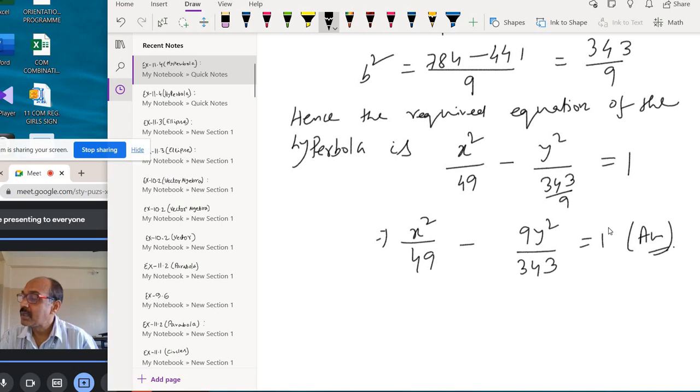The focus is given as 0, plus minus root 10, so c is root 10. Then after that, use the relation c square equal to a square plus b square, and you can try it.